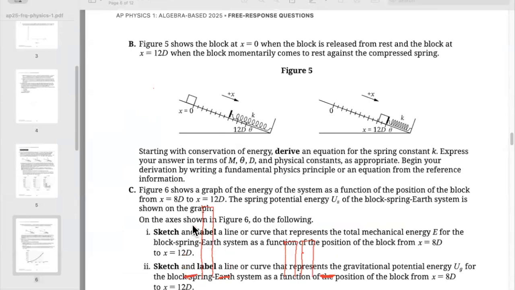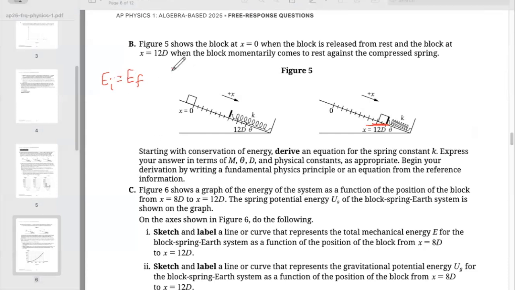All right. So figure 5 shows the compression, and you have to derive an expression for the spring constant. Okay, that's not too bad because you start with gravitational potential energy, and you end with, say, just spring potential if you assume 0 height when the spring is completely compressed.